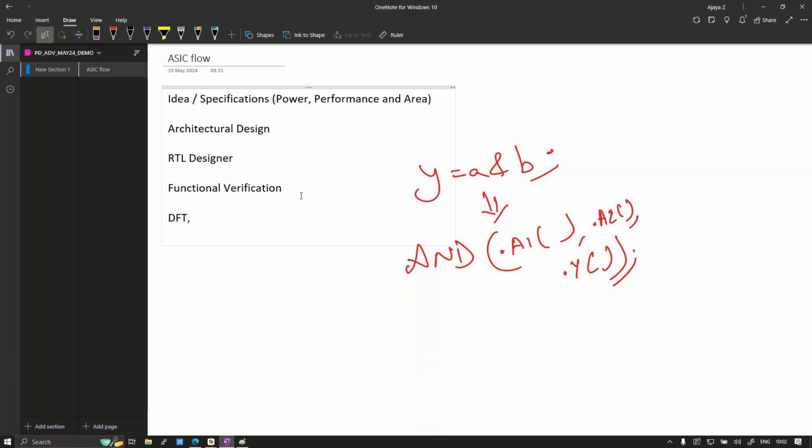Okay, DFT is separate, and a process called linting for syntax related checking.